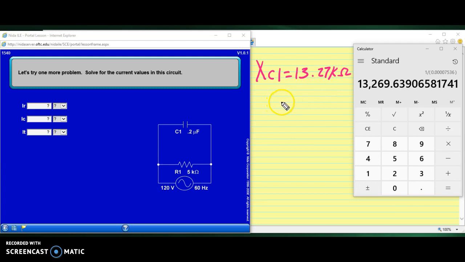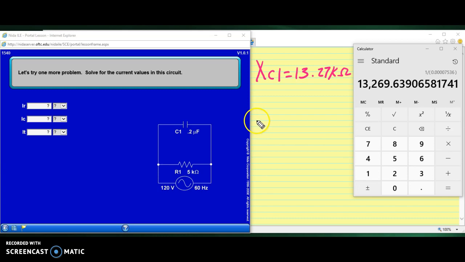Now, we know our R total, it's 5K. And in order to get our Z total, we need to get the total impedance of this circuit to be able to get the value we need.